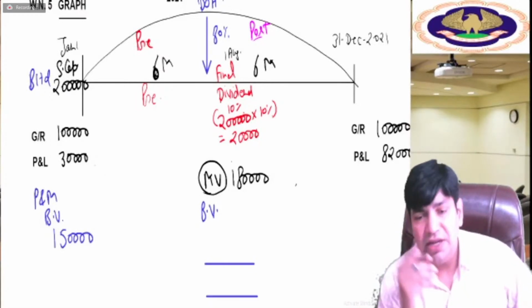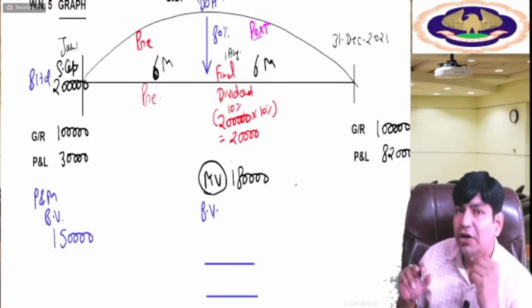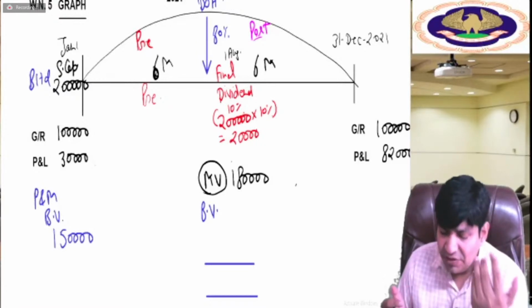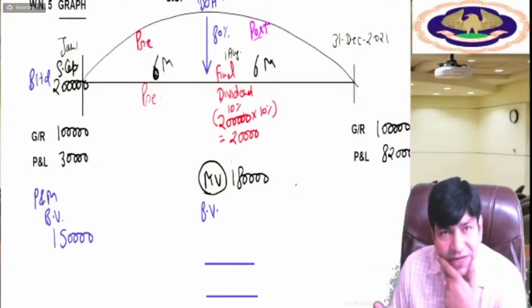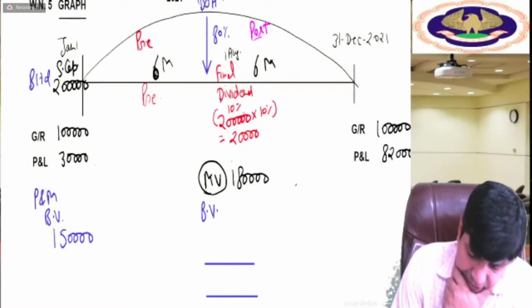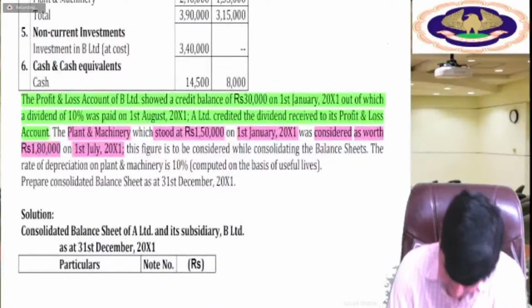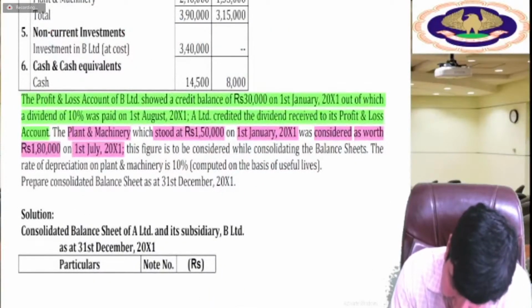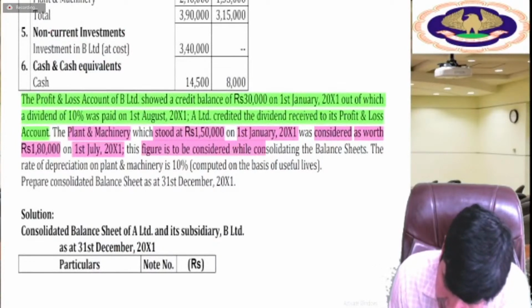Now we have to find out only one thing, the book value on the date of acquisition. For that we need the depreciation rate for the first 6 months. If we calculate and reduce that depreciation, we can easily find the book value on the date of acquisition. Is the question giving us the depreciation rate? Yes. They are saying the figure is to be considered while consolidating.